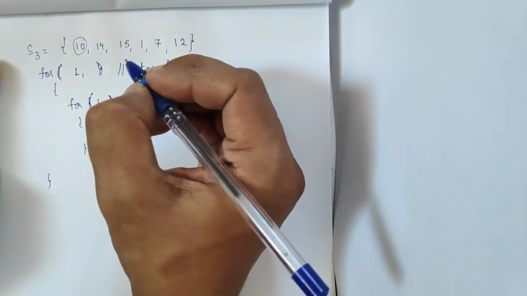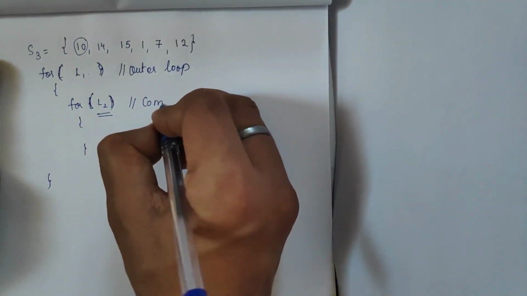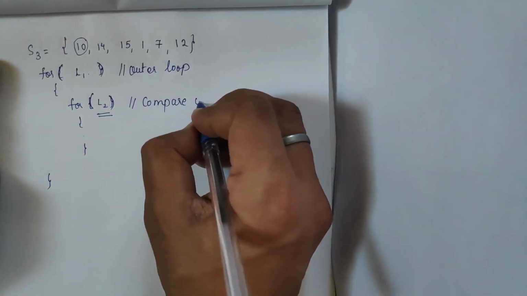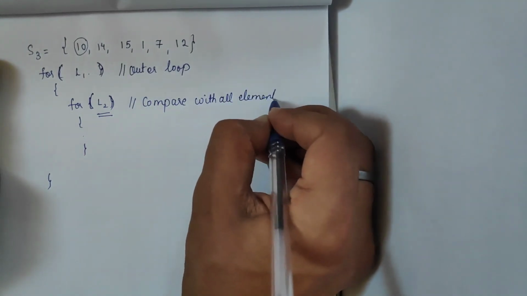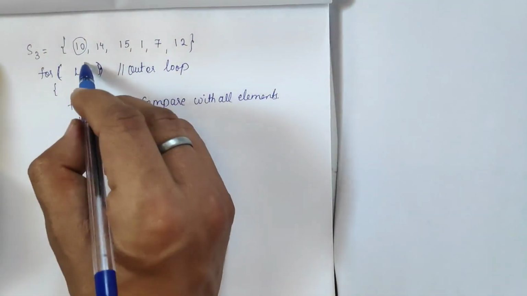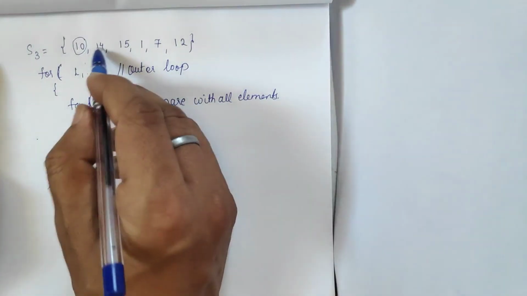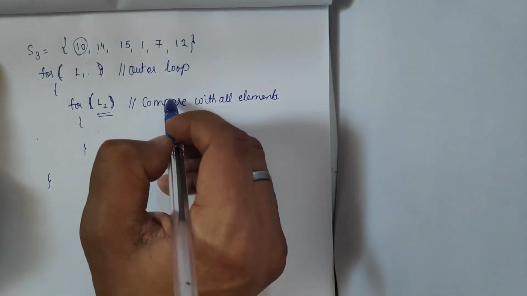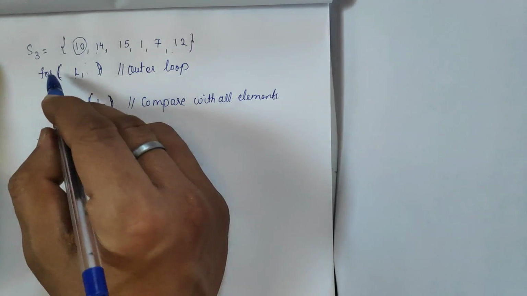So I will keep 10 in the first case, and in the inner loop I will compare with all elements. So I will compare 10 with 14. Now 14 is greater, so this loop ends. Then I will have 14 here. I will compare with all remaining elements 15, 1, 7 and 12, and then I will write the output.